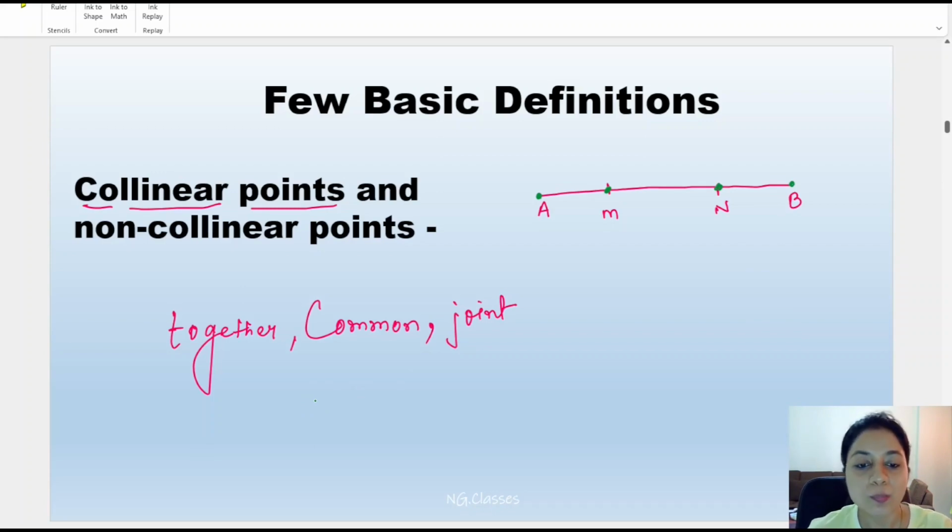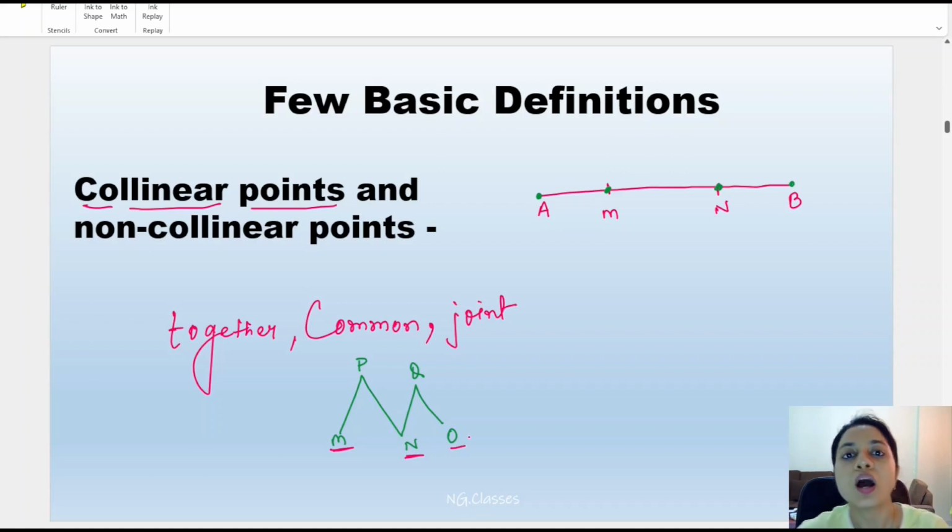Let's take an example. Here, as we can see, point M, point N and point O are non-collinear point because it's not lying on the same straight line. And also point P and point Q are non-collinear point.